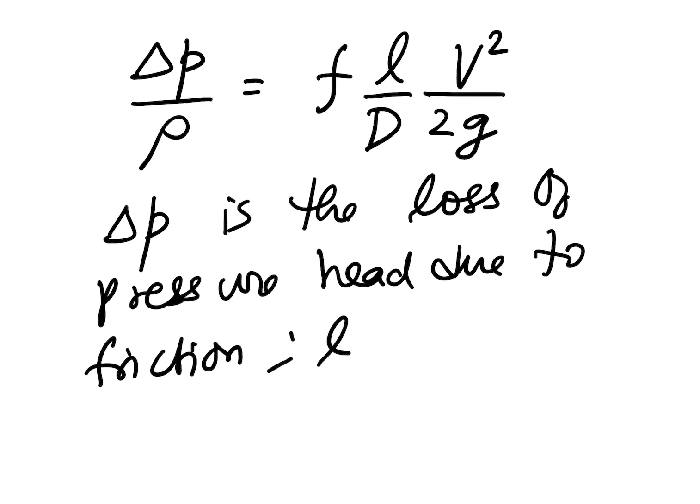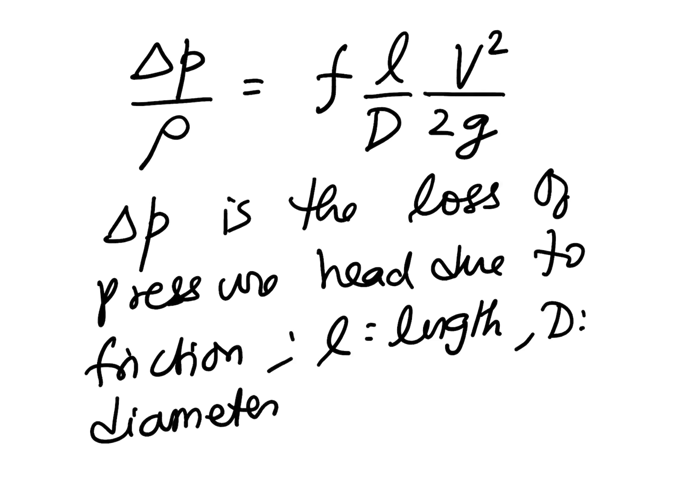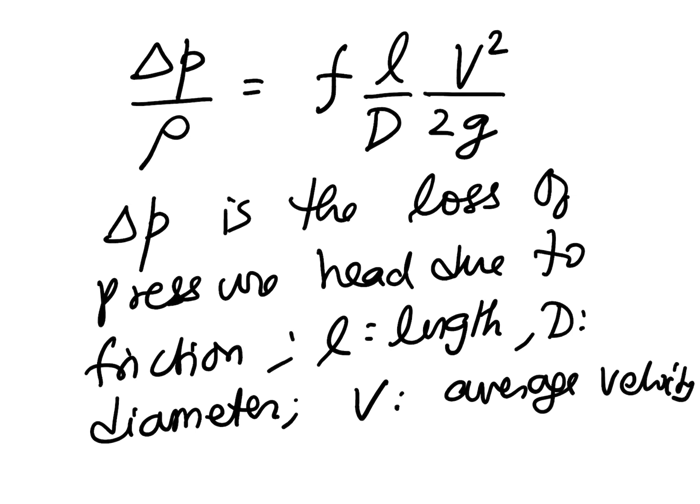L is the length, D is the diameter of the pipe, V is the average flow velocity, and F is the friction factor that is introduced here.